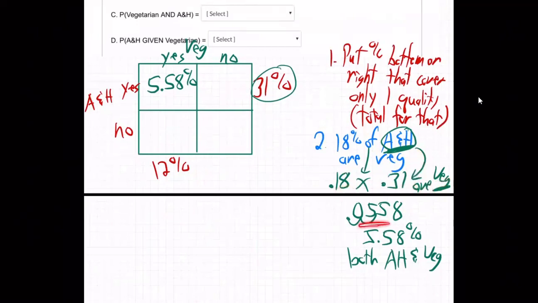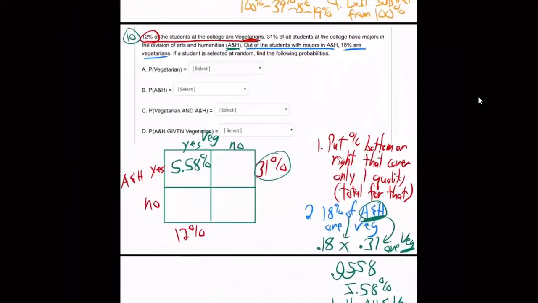I multiplied that, changed to a percentage. And then you might say, well, why are they both vegetarian? Well, they already were A and H, and they also are vegetarians. So that's the both. That goes right here. That's tricky, huh? That's not for the brand new person at probability.